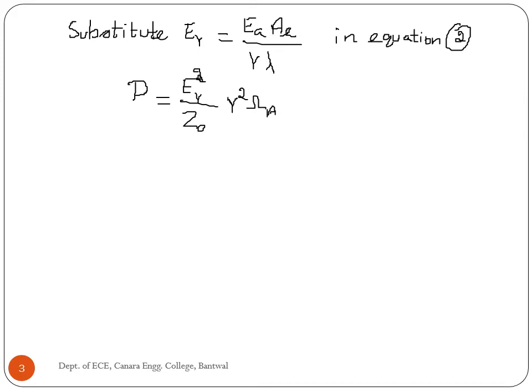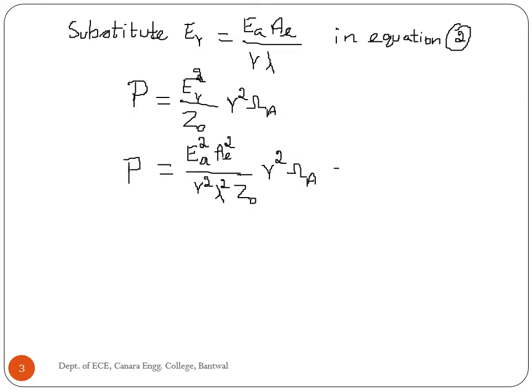When I substitute the above ER equation, EA square AE square divided by R square lambda square into Z naught multiplied with R square and beam area.